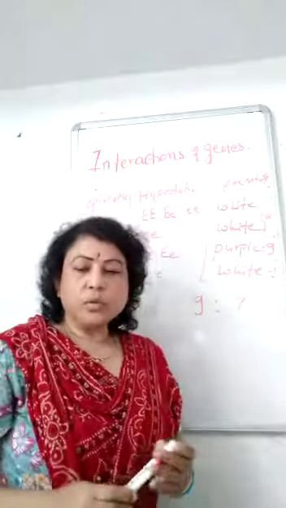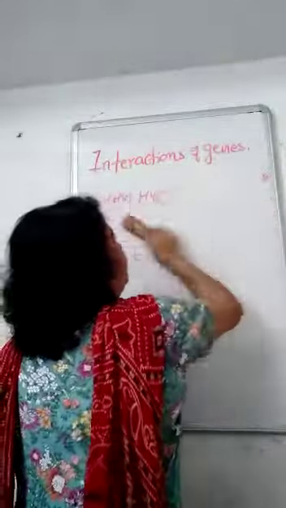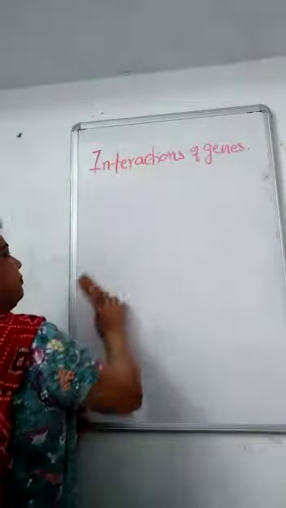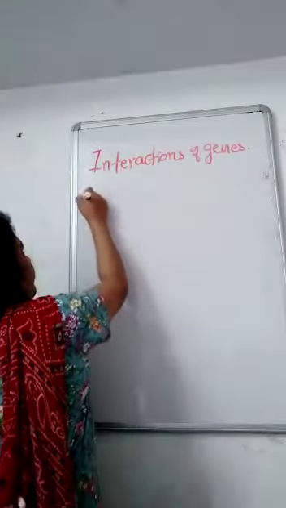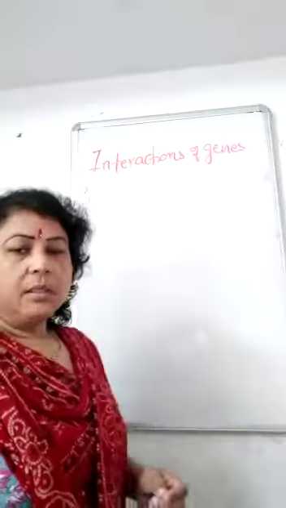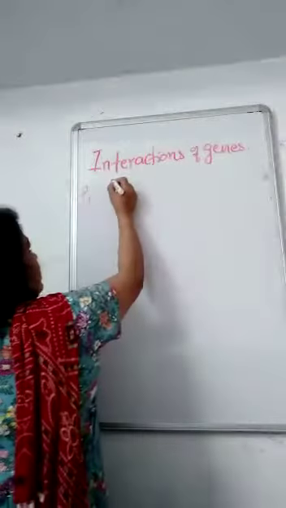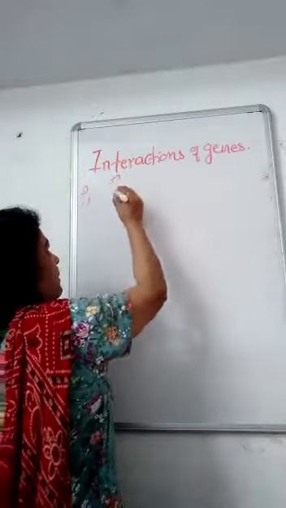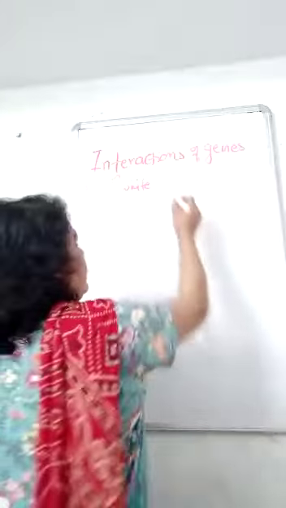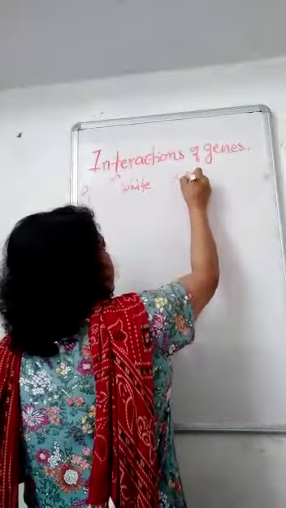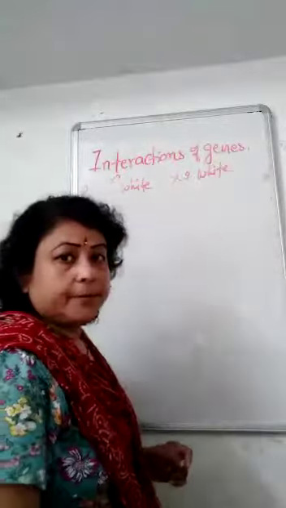Okay. So we will draw a cross. So P1, the parents must be pure line or homozygous. So first, the male plant or female plant is white. Similarly, the other, it may be the female or it may be the male, it is again white.